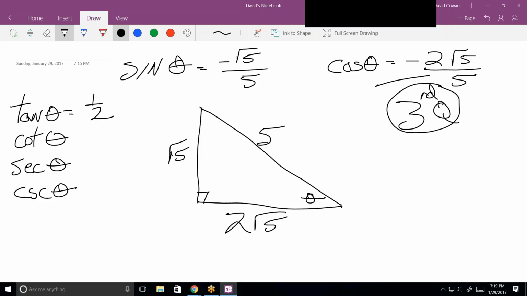Positive or negative? Negative. No, positive. Good. What's the cotangent of theta? Positive 2. It's the secant of theta. Negative 5 over 2 root 5.